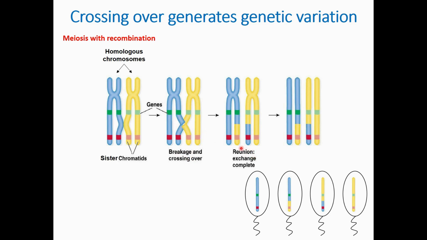And when the DNAs are restitched, relinked together, this blue chromatid now of this chromosome has in it part of the yellow chromatid, and the yellow chromatid had gotten a blue segment of the other chromosome.